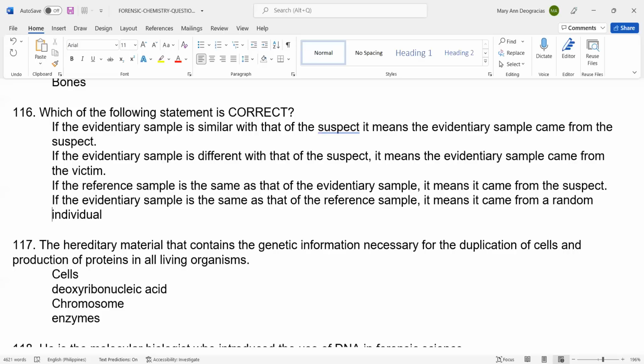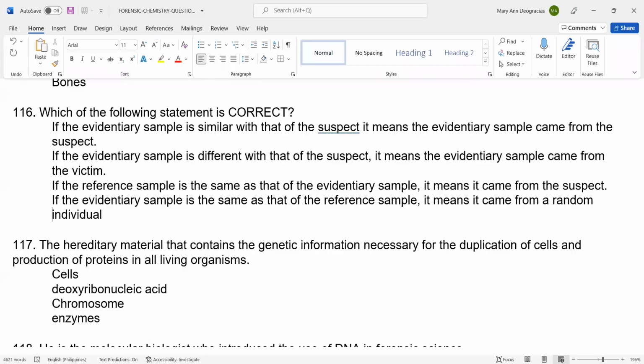All right. Which of the following statements is correct? A. If the evidentiary sample is similar with that of the suspect, it means that the evidentiary sample came from that suspect. B. If the evidentiary sample is different with that of the suspect, it means the evidentiary sample came from the victim. C. If the reference sample, so standard specimen natin yan, is the same as that of the evidentiary sample, it means it came from the suspect.